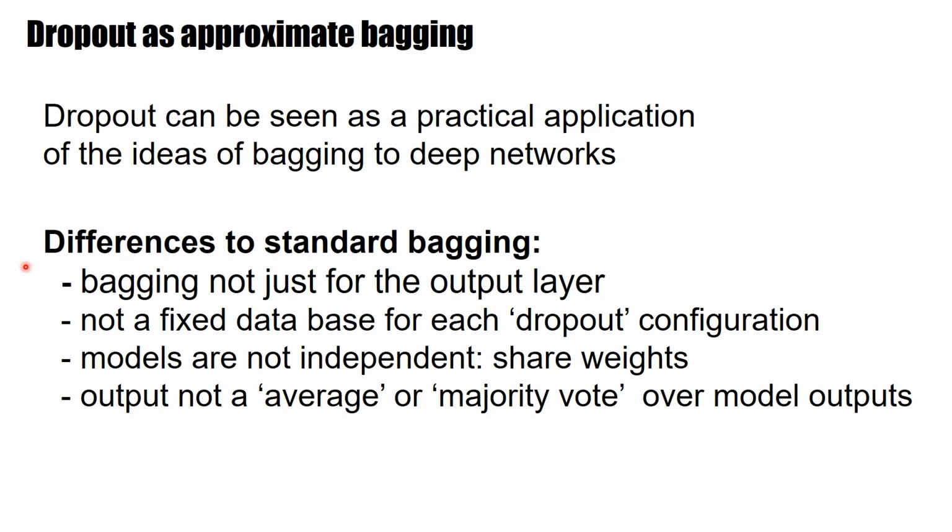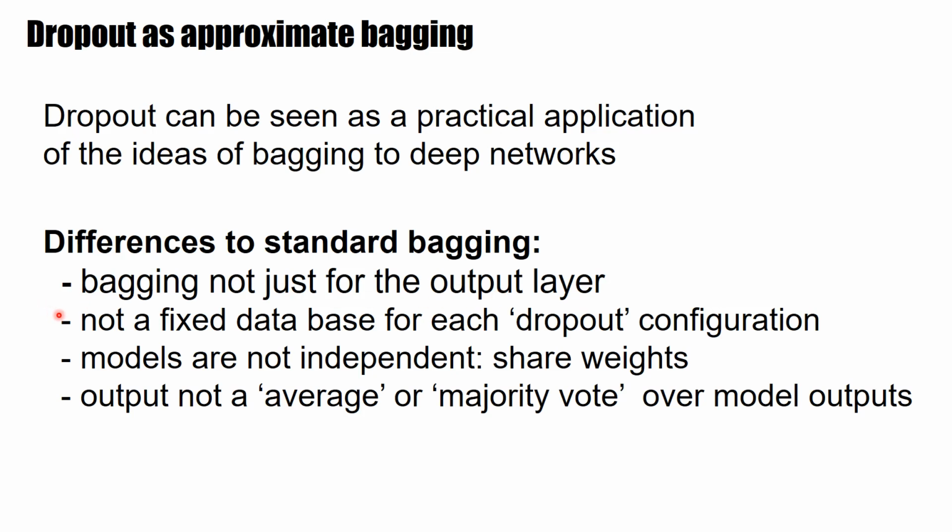Well, the first one is, if you do bagging, we train different models and then we just combine the output of these models. We average over the outputs. Not here. Dropout is not bagging, but some method of doing something similar to bagging, but in the hidden layers.